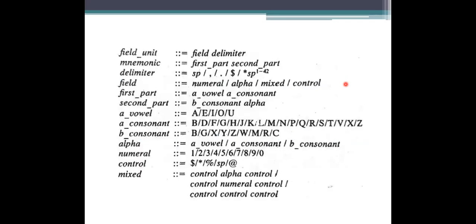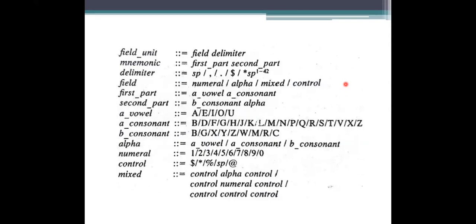A vowel, A consonant. In the A consonant, we need to check whether B is there, and yes, B is there. Coming to the second part, B consonant alpha. The next element is X. Is X there or not? Yes, it is in the B consonant, and W is also in the B consonant. So the first part is considered true.